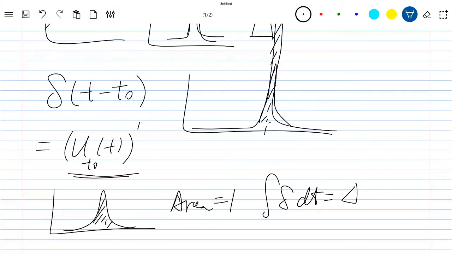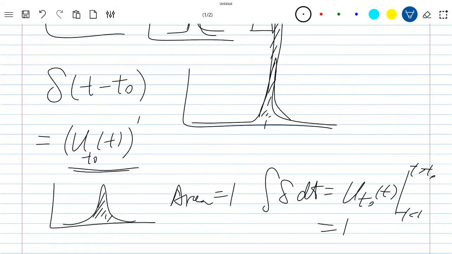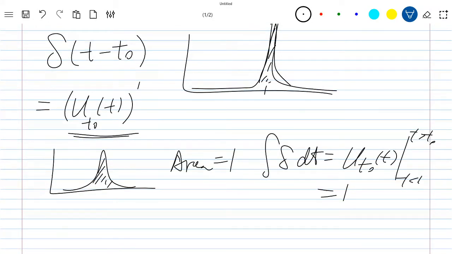It's a change. I use this, for t larger than t0 and for t less than t0, and then what's their difference? That's 1, right? So you can say the area of the plot of the delta function is 1.